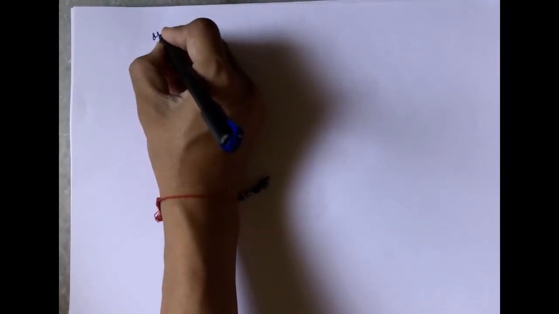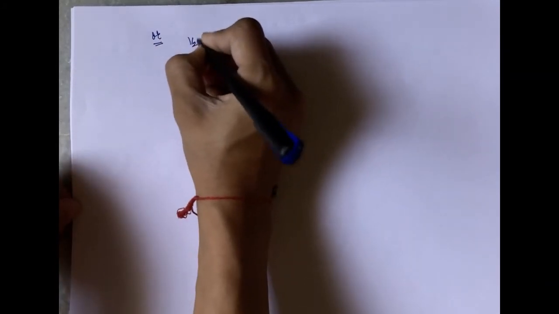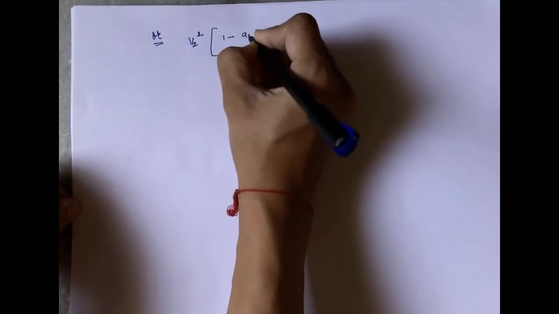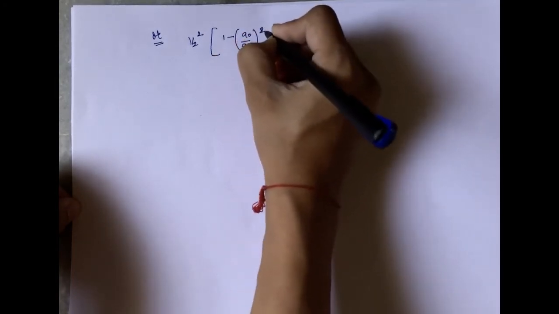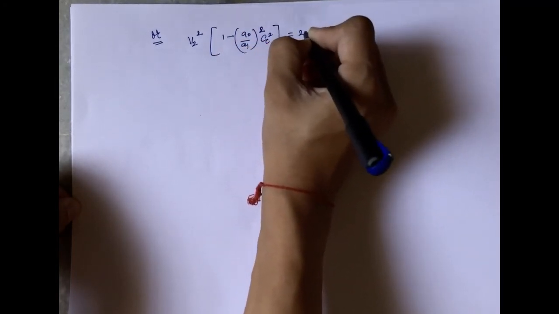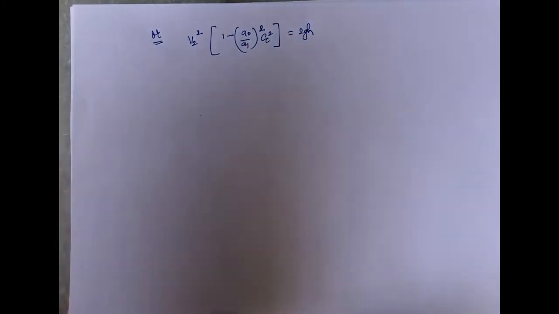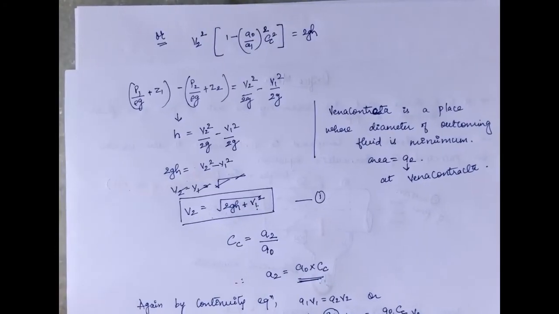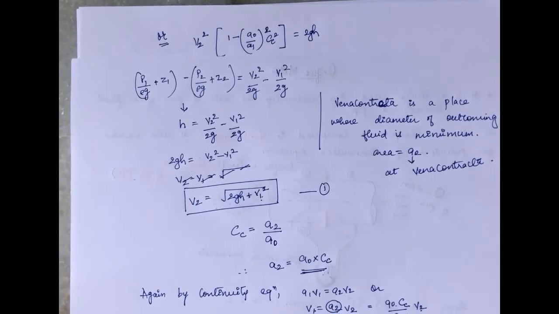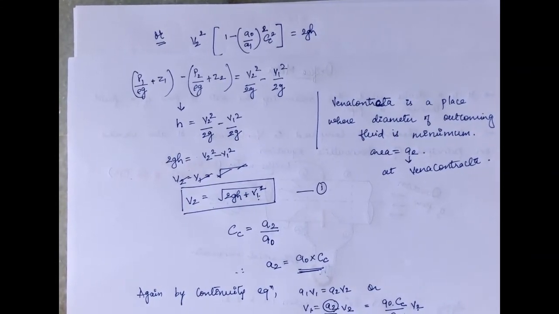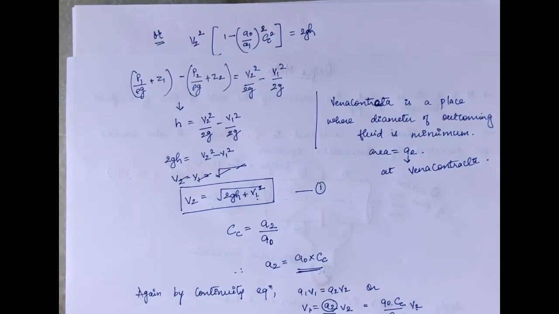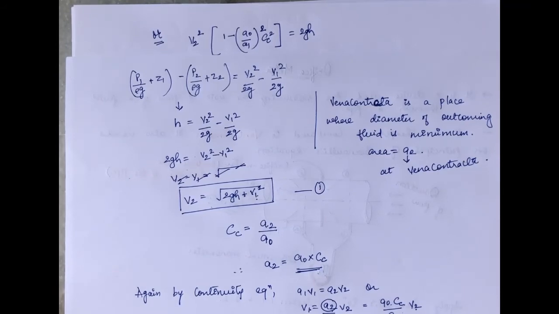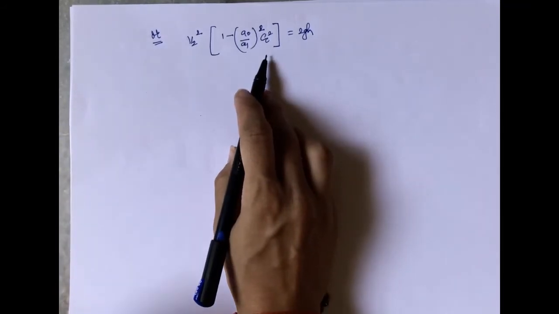This equation can also be written as V2 square times 1 minus A0 upon A1 whole square Cc square is equal to 2gH. We took V2 square common and rewrote the equation as this.